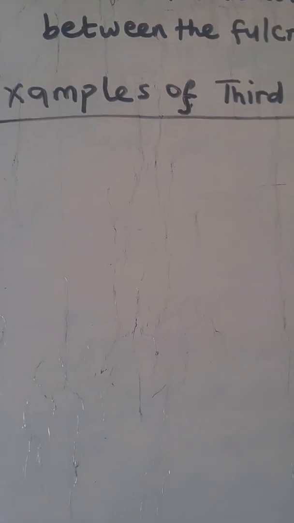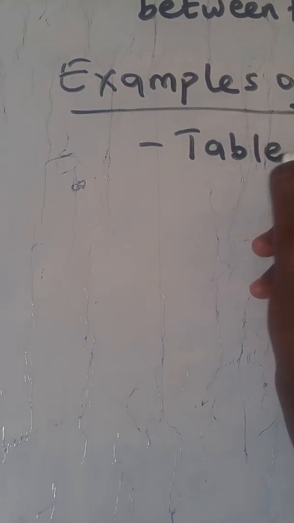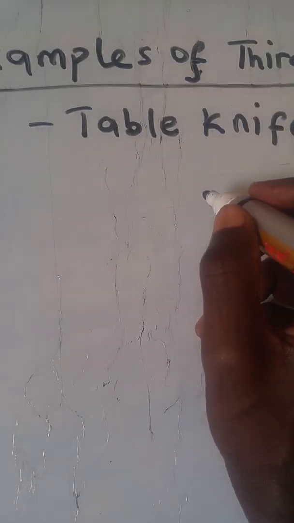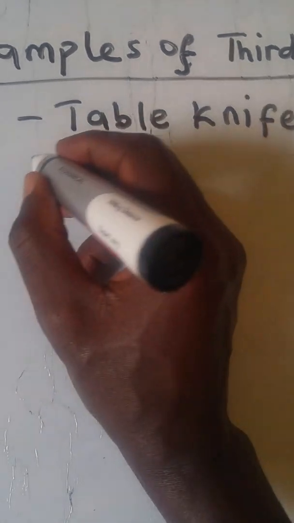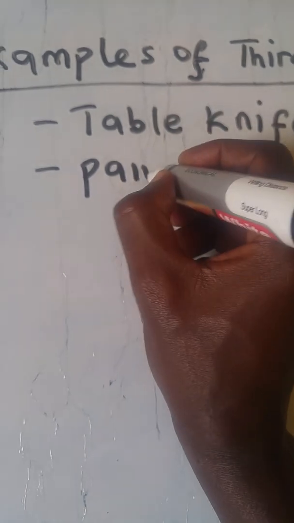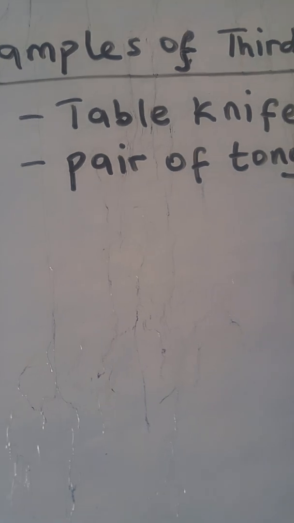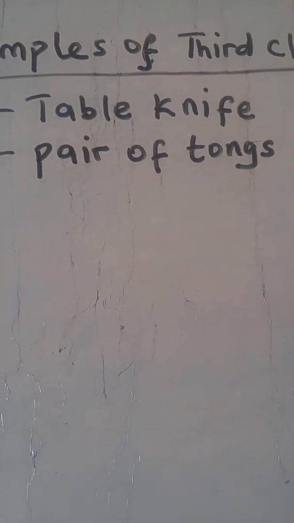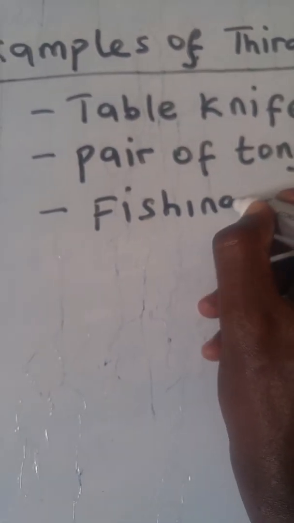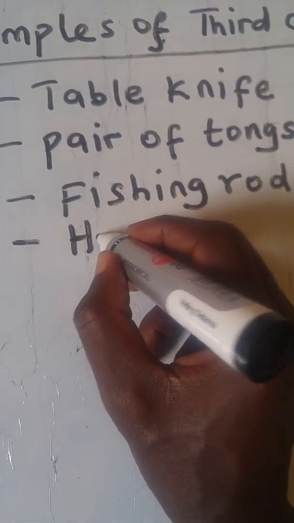What are the examples? There are quite many. We have the table knife, the one we use at the table for cutting bread and so on. We have what we call a pair of tongs. A pair of tongs. We also have the fishing rod. We have the human hand.